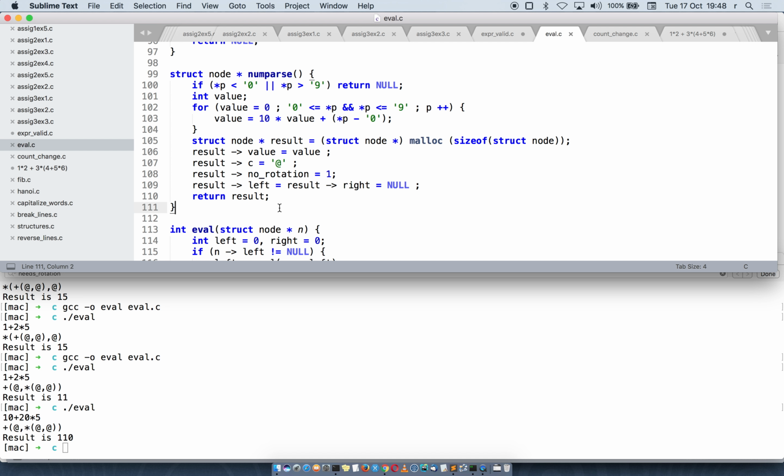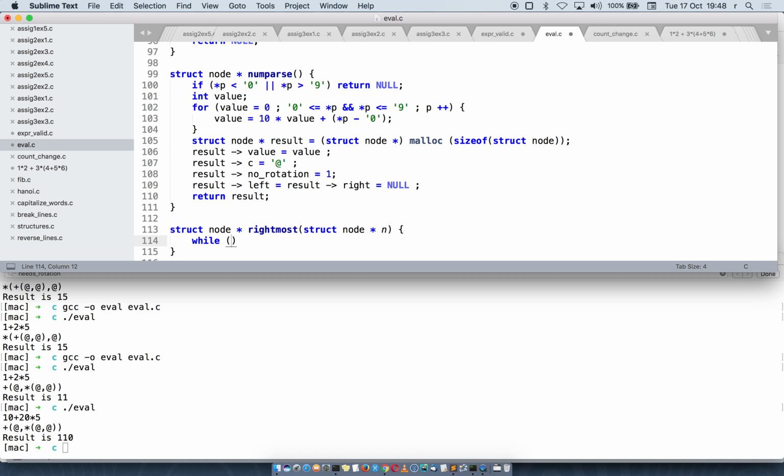So we're going to write it here. We're going to have a struct node star rightmost of star n.